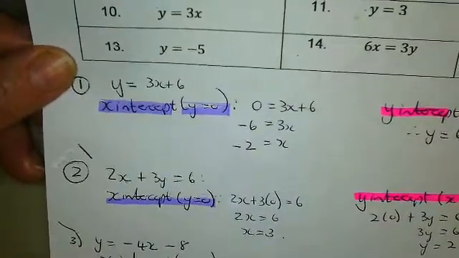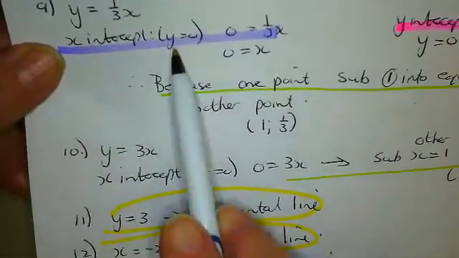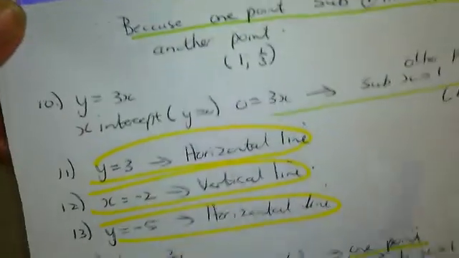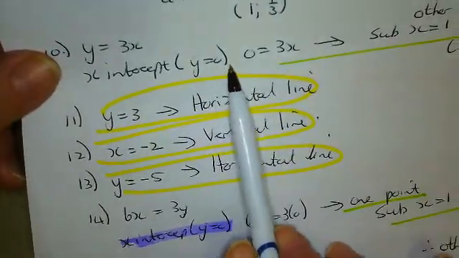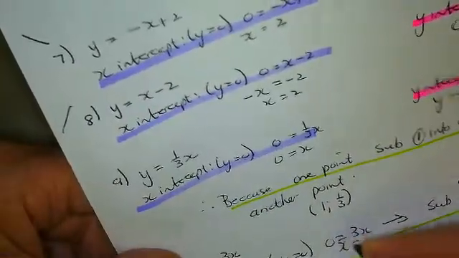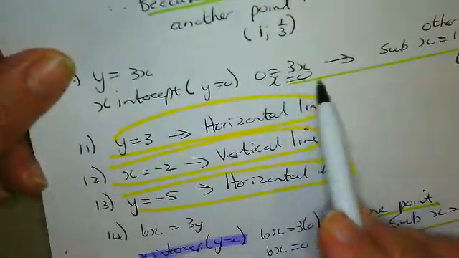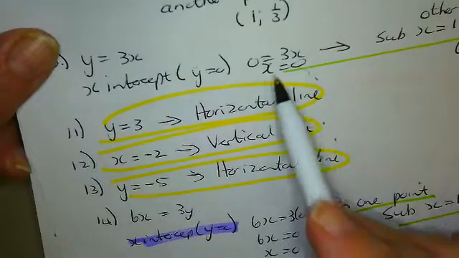So if you do now your x-intercept, then you will make y equal to 0. If I make y equal to 0, then you get your x value. The x-intercept will be 0.